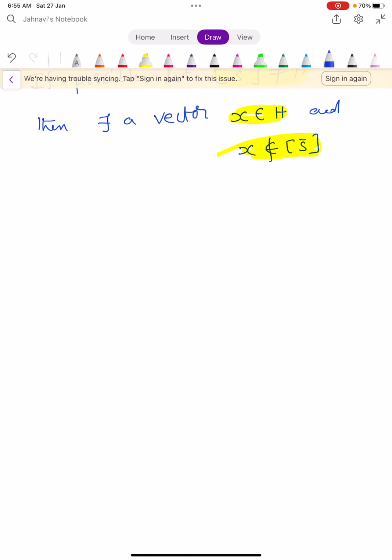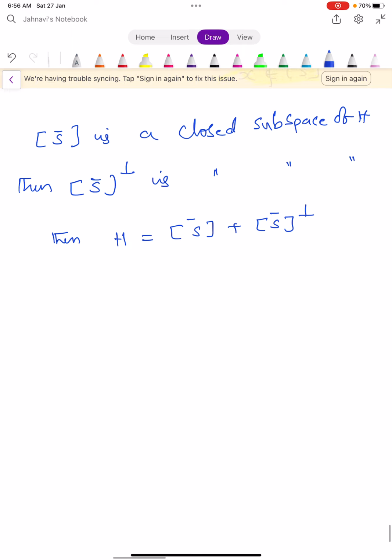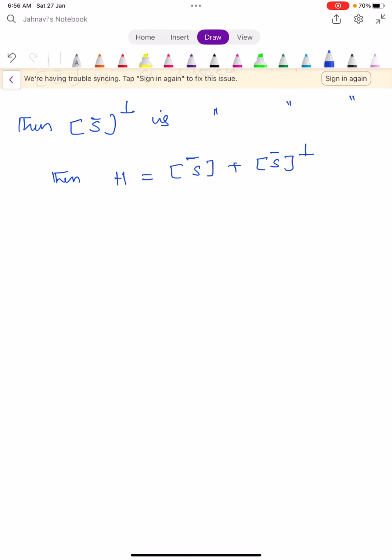So what does it mean? Box S bar is a closed subspace of H. If box S bar is a closed subspace of H, then box S bar perpendicular is also a closed subspace of H. Then by the previous theorem, H can be written as the sum of box S bar and box S bar perpendicular.